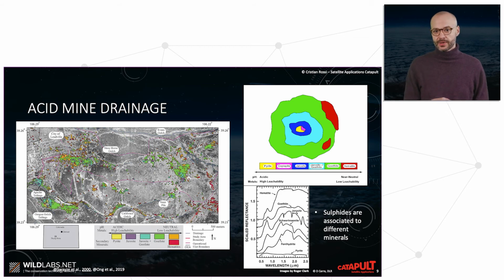So we can help map, for example, the different minerals associated with that phenomenon. Again, we are looking at the spectrum, so we see the spectral characteristics, in this case, of different minerals, and just by mapping this into the environment, we can have a description of the pollution.